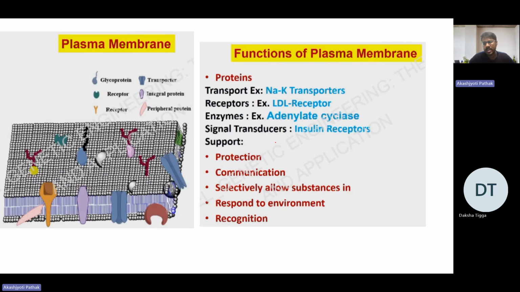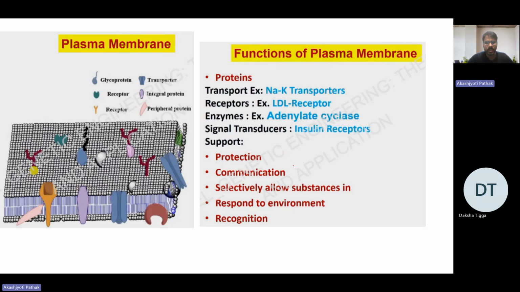So that signal transfer from the outside environment to within the cell is performed by these different signal transducers, the insulin receptor. There are different GPCRs. Then there are other kinds of receptors.